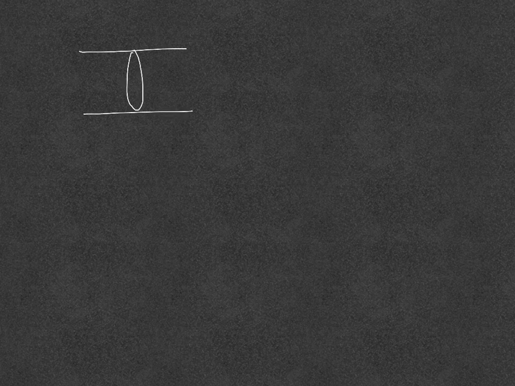See, if the cross section of the pipe is A, and the speed of the liquid is V, then the volume flow rate is A into V. Why? I'll explain in a better way.